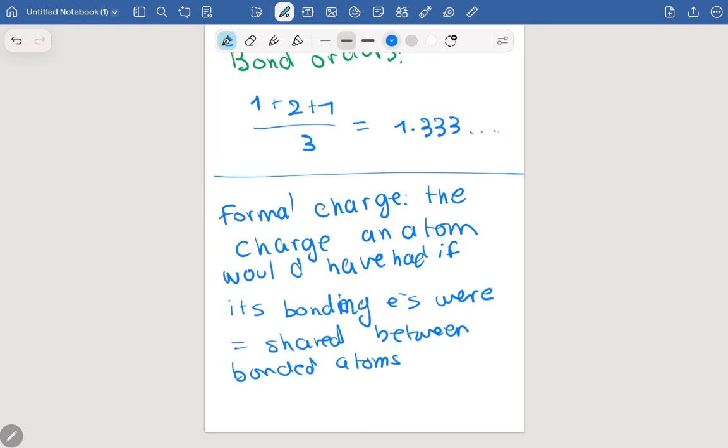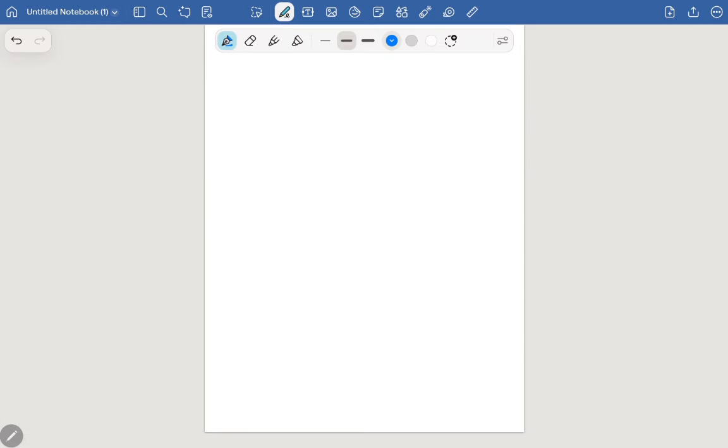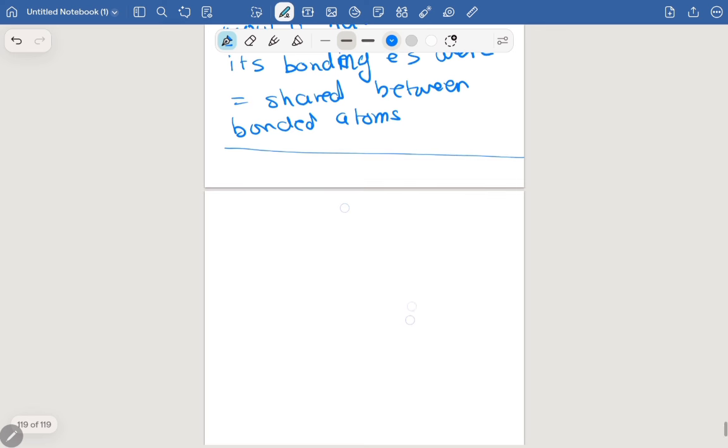And why do we use the formal charges? We use the formal charges in order for us to choose the most appropriate structure.